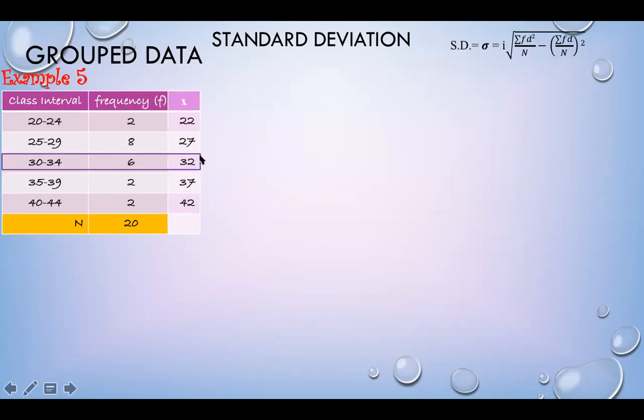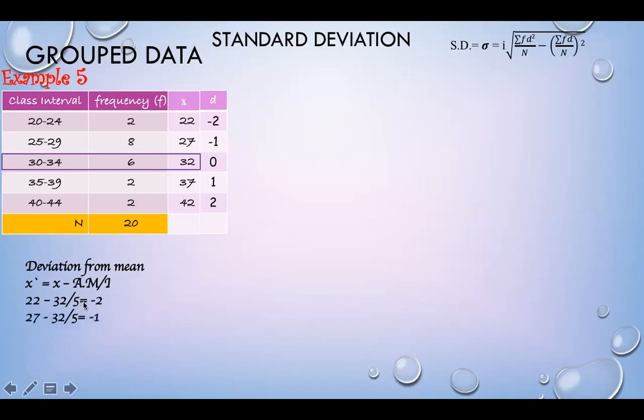Then we have to find the deviations from this assumed mean. As I have already told you how to find the deviations from the assumed mean, either you will find it by this formula, that is midpoint minus assumed mean divided by size of the class interval, that will be for the first midpoint 22 minus 32 divided by 5, and for the rest it is like this.